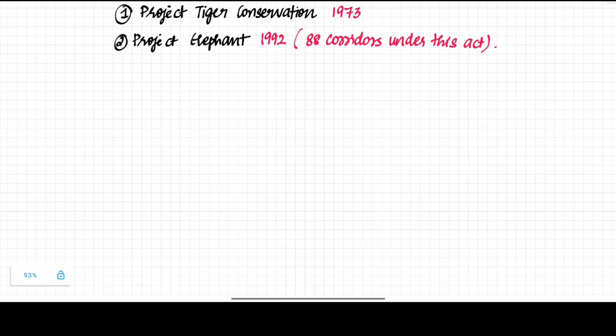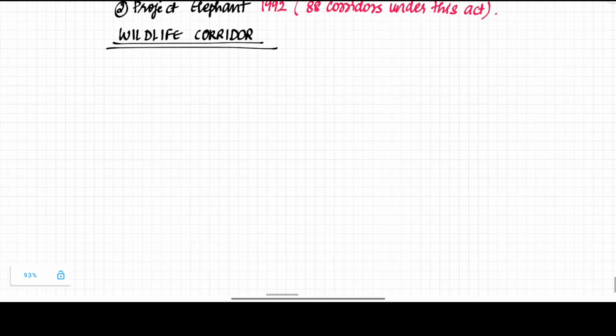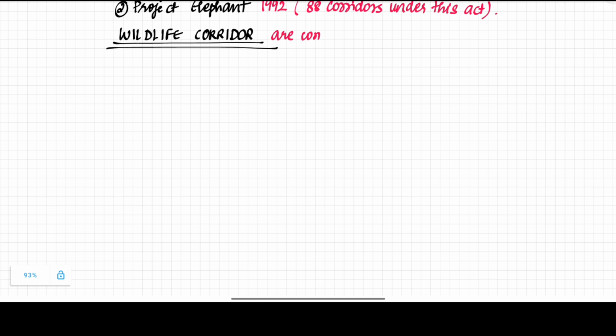And now we have to define what a wildlife corridor is. A wildlife corridor is nothing but a stretch connected with the protected areas.